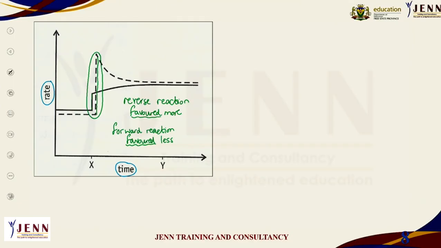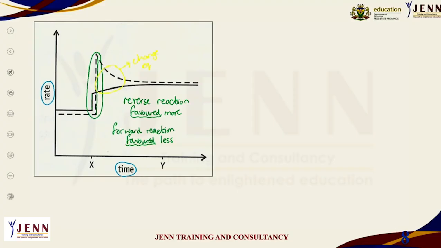And then when we look at the graph again, there was now your change in equilibrium. Because I increased the temperature, and because my reverse reaction was favored more, it means the reverse reaction is endothermic and the forward reaction is exothermic, depending on the graph that was given.